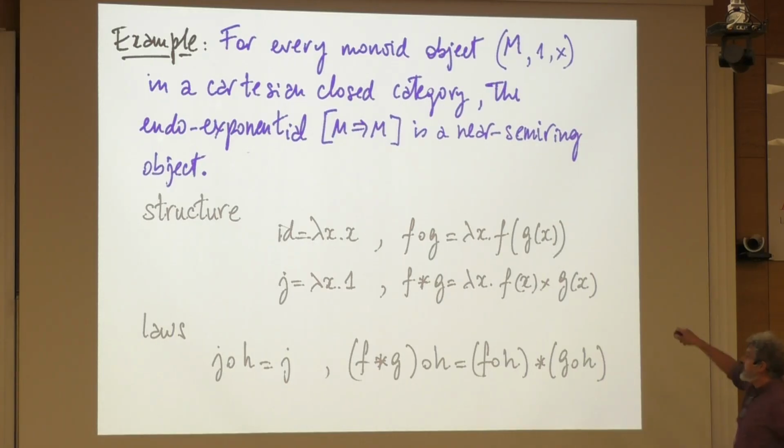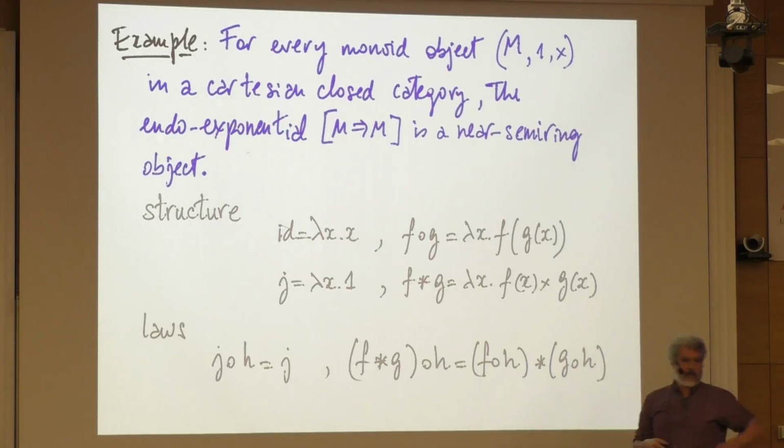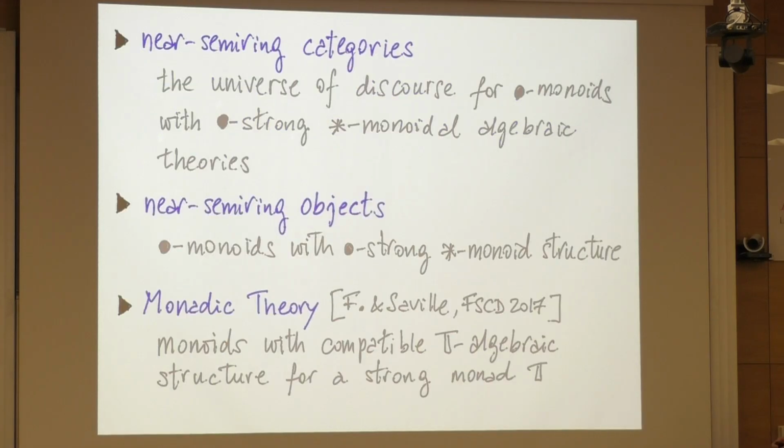And this example I'm going to use in a bit in a particular Cartesian closed category. Near semi-ring categories are the universe of these objects.